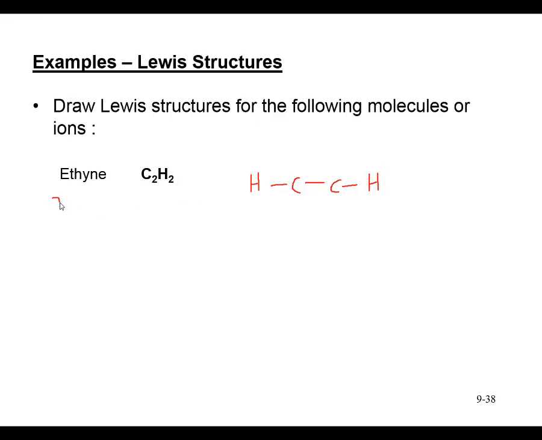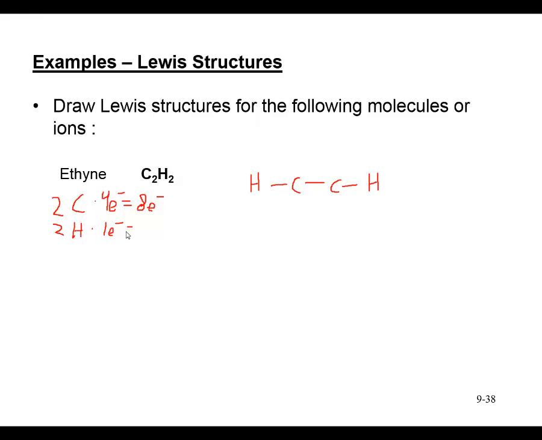Since I have 2 carbons, and there's 4 valence electrons for each, I get a total of 8 valence electrons from the carbons. And we have 2 hydrogens, and there's 1 valence electron for each hydrogen.